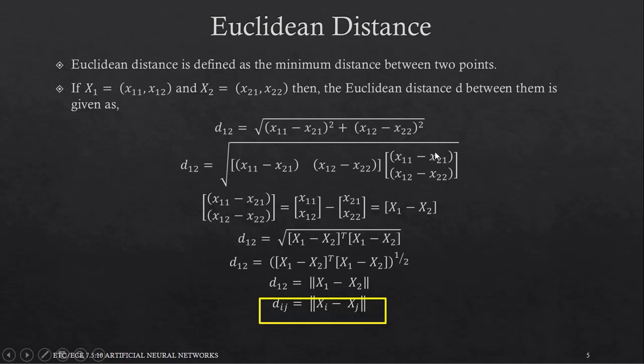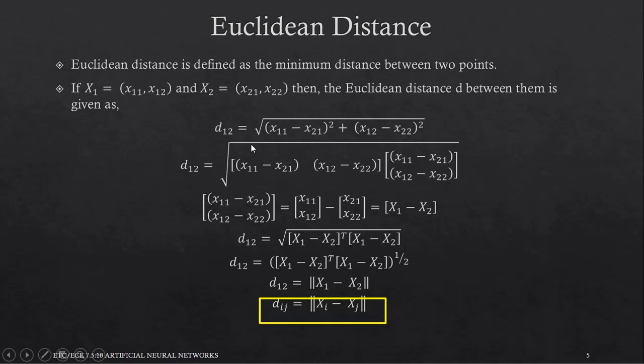Like this, x11 minus x21 as the first element of the horizontal matrix and x12 minus x22 as the second element of the horizontal matrix, and these two written as a column vector. If you find out the product of these two, you will get exactly what you have here, (x11 minus x21) the whole square plus (x12 minus x22) the whole square under root.